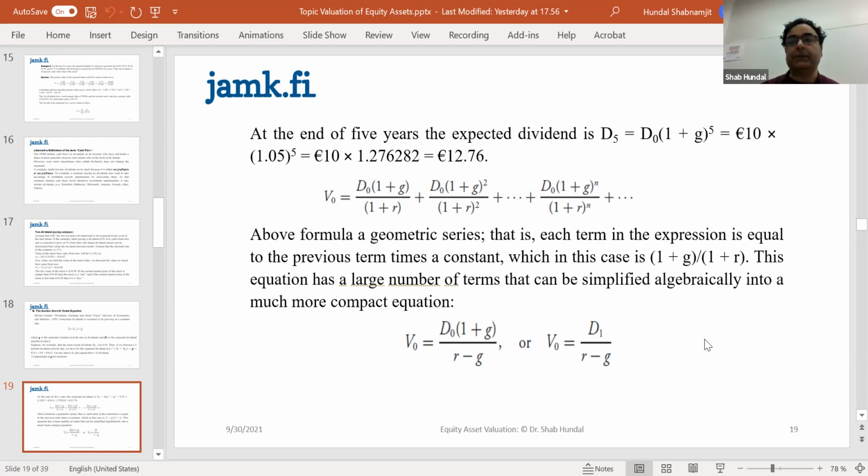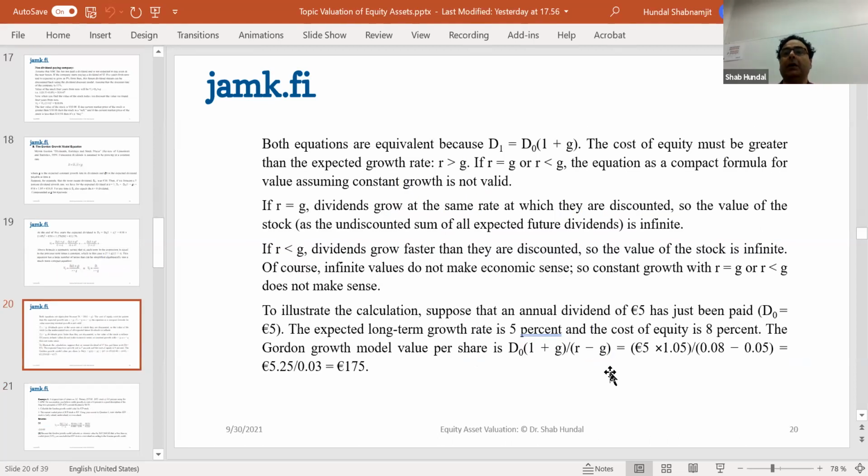D1, the dividend you expect in period 1, divided by R minus G. Both equations are equivalent, but usually R is more than G. If R is less than G, the equation as a compact formula is not valid.